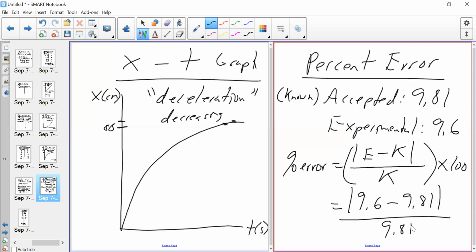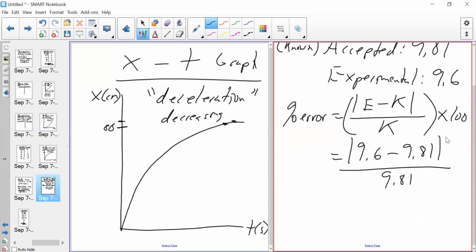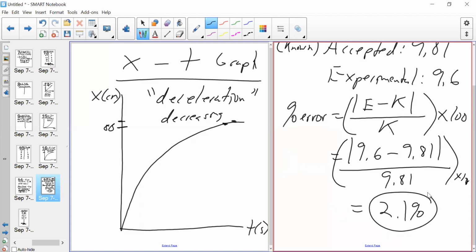If you can get something within 15% or less, that's an excellent experiment. So this would be a sample percent error that we're going to be including in our labs, roughly 2.1% for experiment error. Now, if your experiment result was 4.8, you're going to have a high percent error.